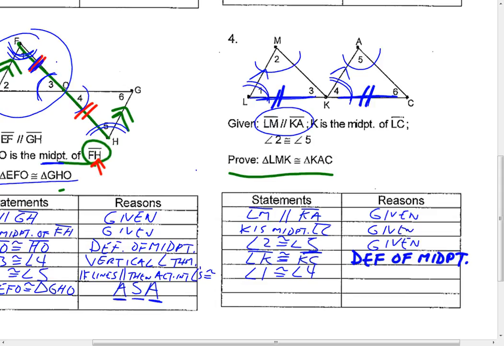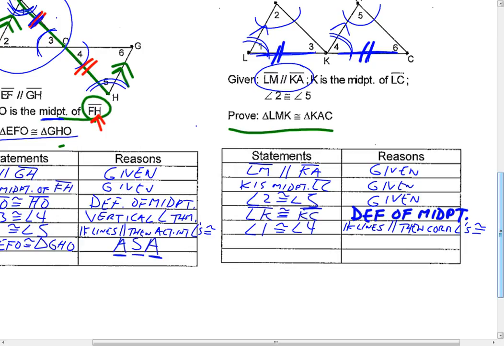Corresponding. So this is a case where I still say if lines parallel, but now I'm saying corresponding angles congruent. So parallel lines are showing up. You got to think of everything you learned back in chapter 3 dealing with these different angle pairs.